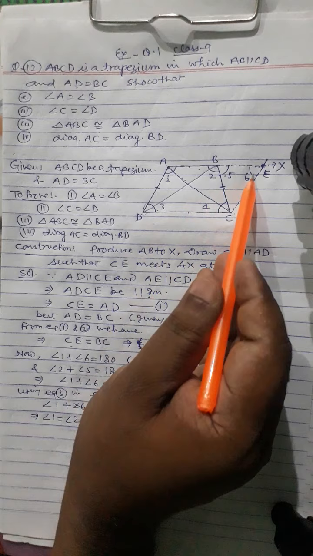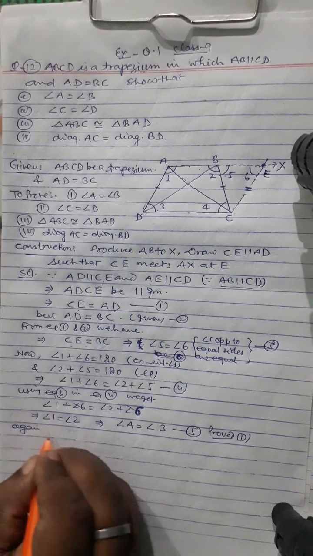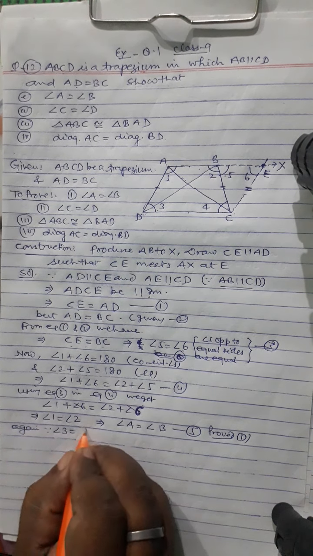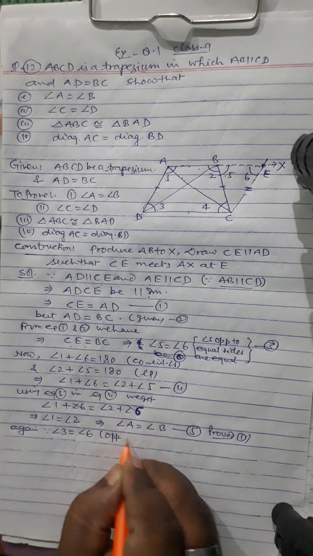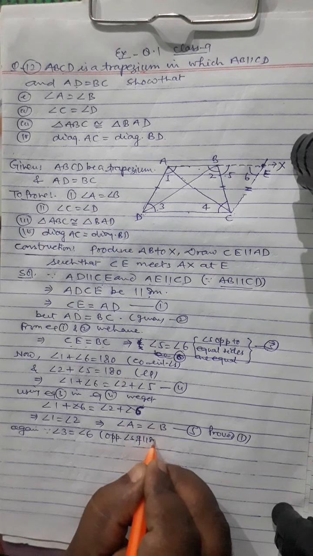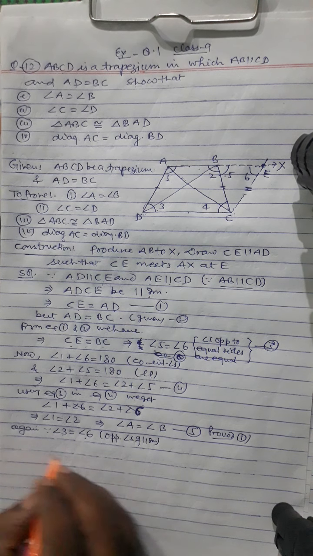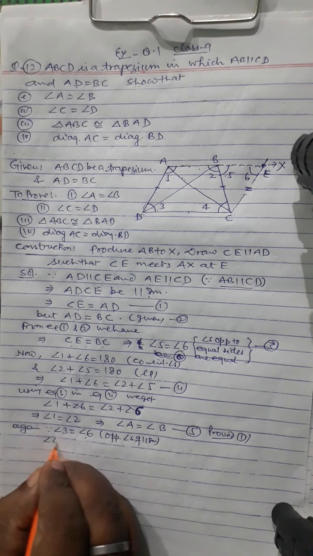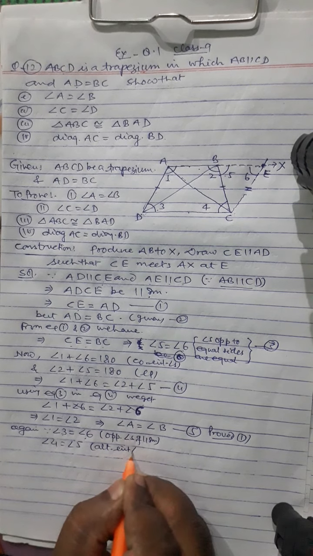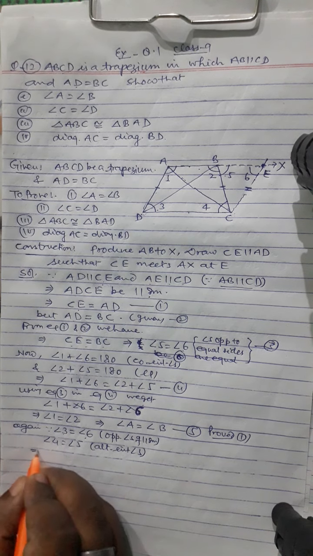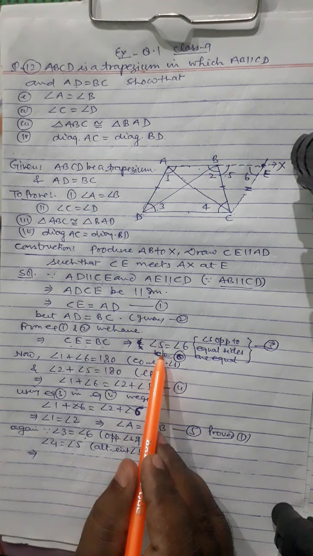Second, opposite angles of a parallelogram are equal, so angle 3 is equal to angle 6, and angle 4 is equal to angle 5 because of alternate interior angles. Look here: angle 3 is equal to angle 6, angle 4 is equal to angle 5, and angle 5 is equal to angle 6.